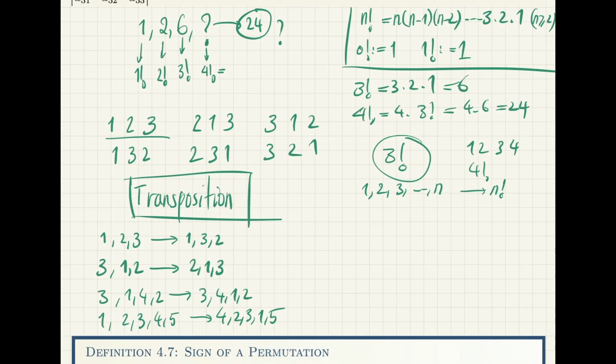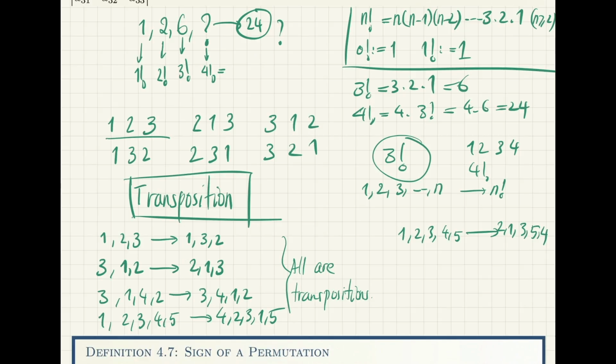All of them are transpositions. But let me give you another example. 1, 2, 3, 4, 5 goes to 2, 1, 3, 5, 4. Is this a transposition?